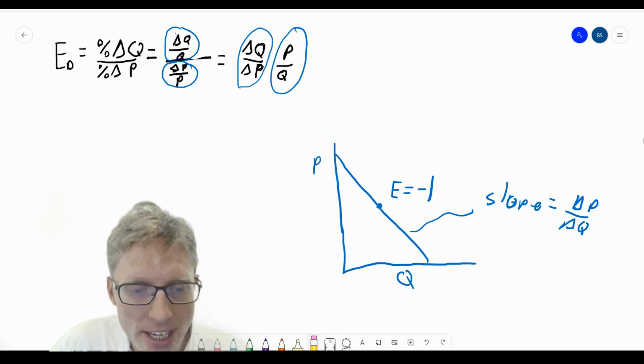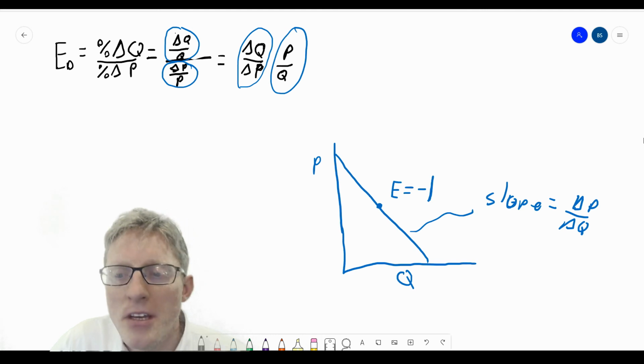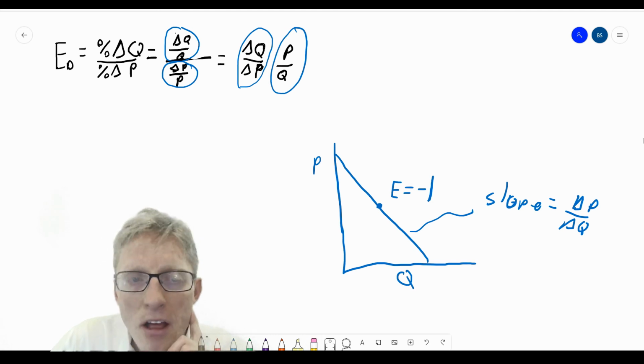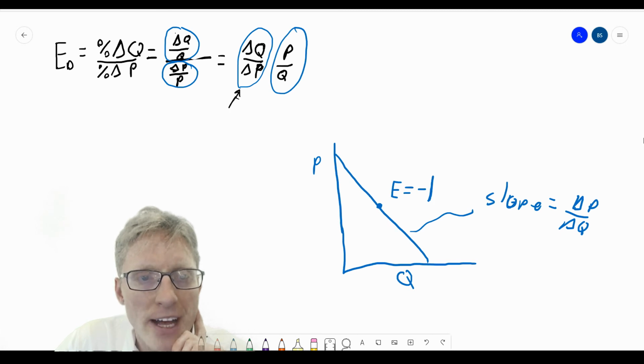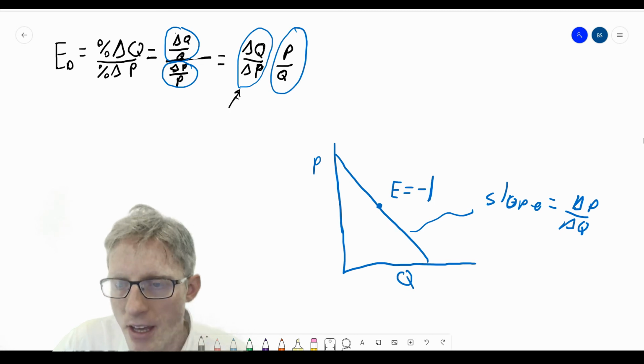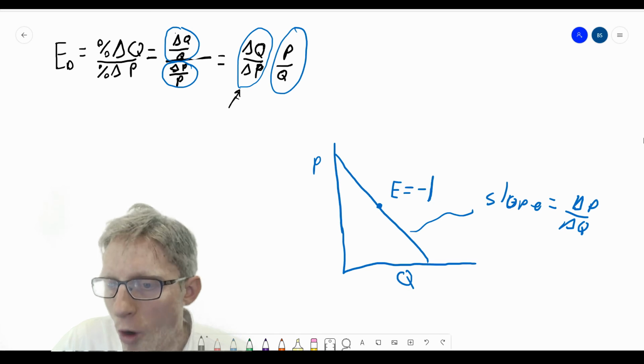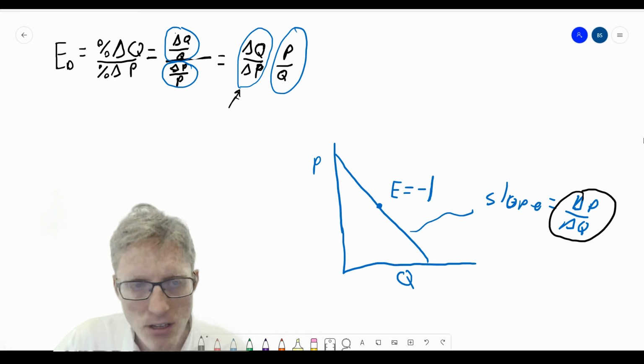It usually is negative because it's usually downward sloping. Let me go back over here. This first component of the elasticity, change in Q over change in P, is simply equal to 1 over the slope of the inverse demand curve.